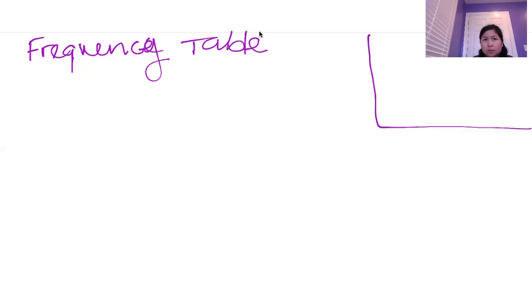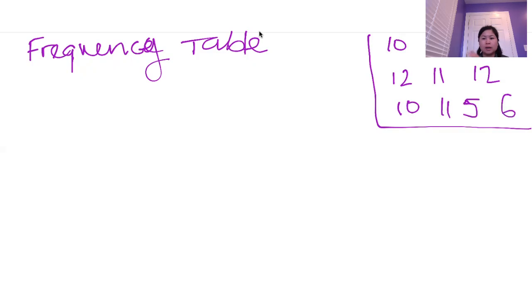We're going to do it with small values: 10, 20, 11, 12, 11, 12, 10, 5. We're going to use small values so we can create our table.